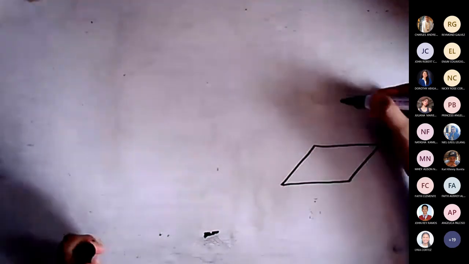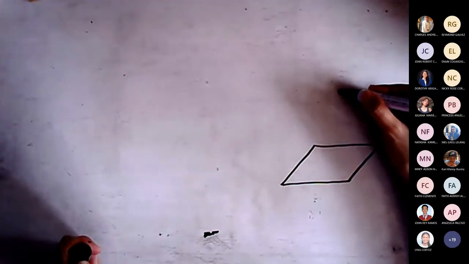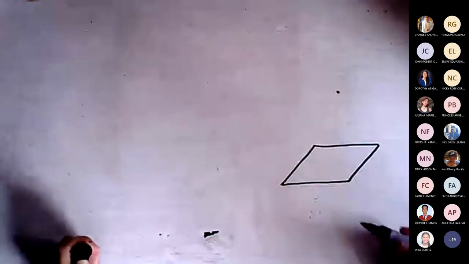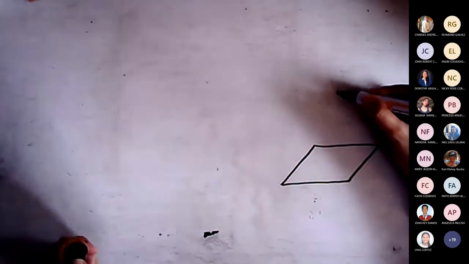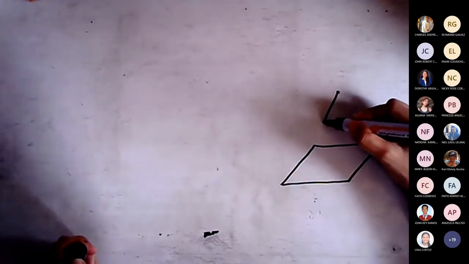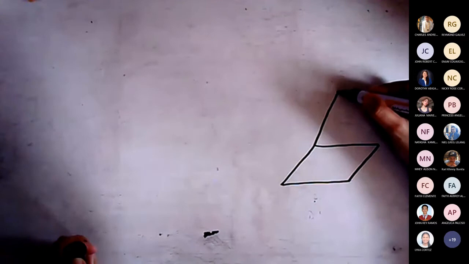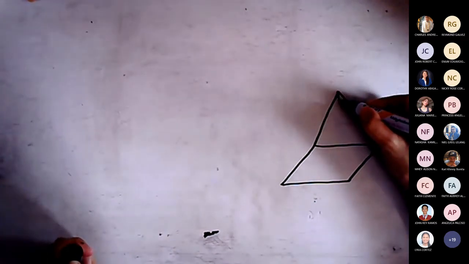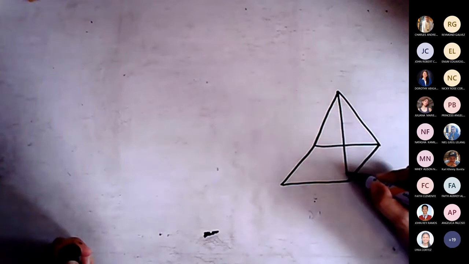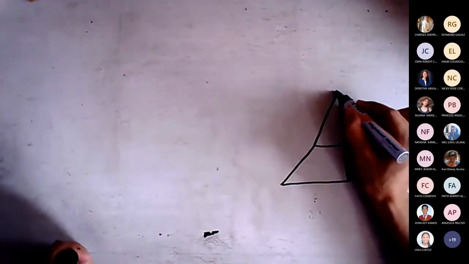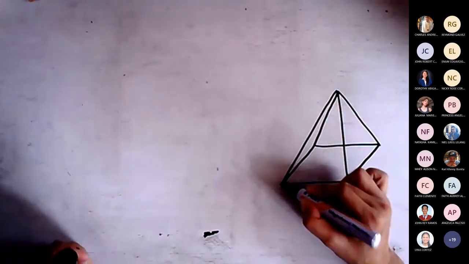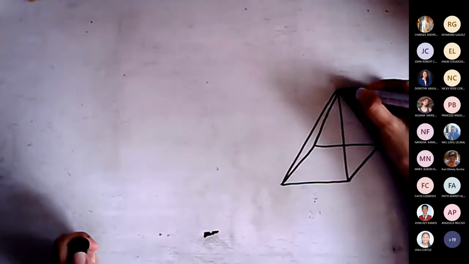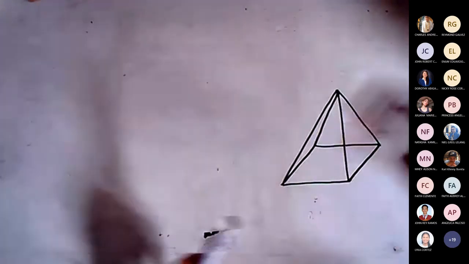Okay, so if you are going to draw a pyramid, that means we have a vertex. And the vertex is the point where all the lateral faces are meeting. So that is the common point.